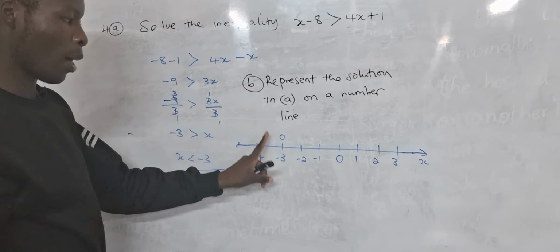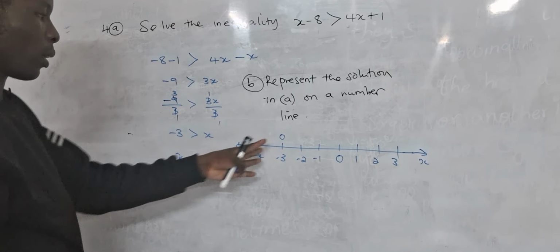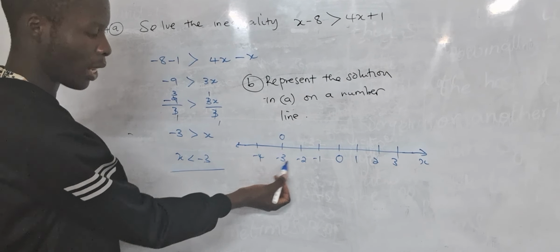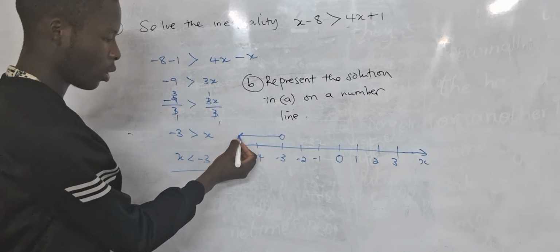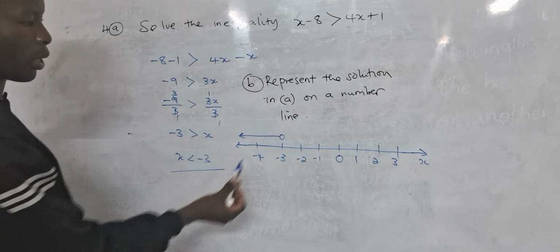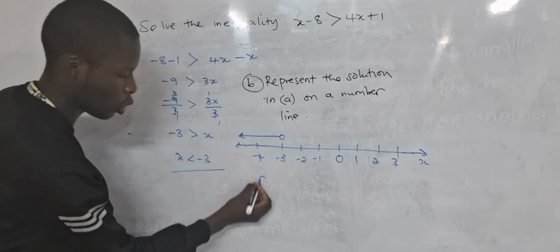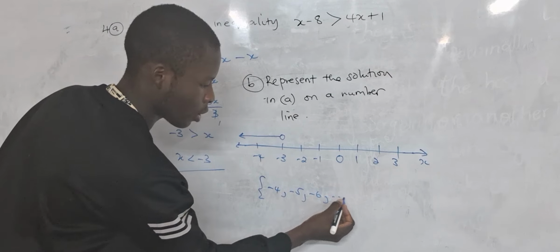All numbers on the left side of negative 3 are smaller than negative 3. So this is the correct solution. You put an open circle, then an arrow like this. This means the solution set is negative 4, negative 5, negative 6, going like this.